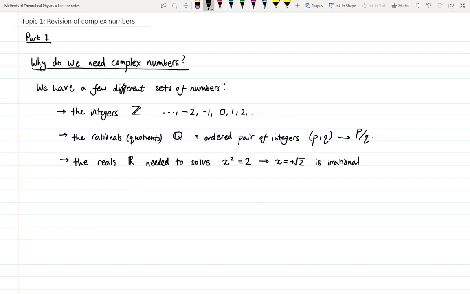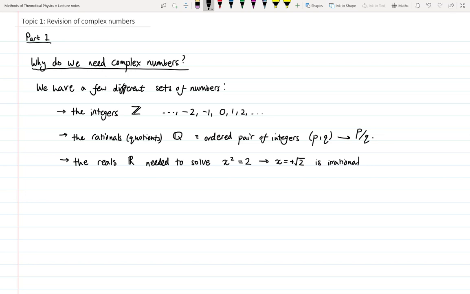In other words, you can't represent it as a fraction. In some ways, you can think of the reals as a kind of limit of the rationals on the real number line. So by increasing P and Q, you can get ever closer to a nice approximation of root 2, but you never get there perfectly.